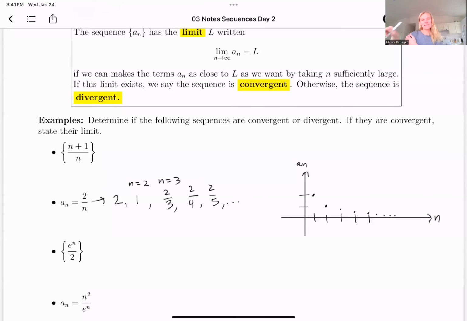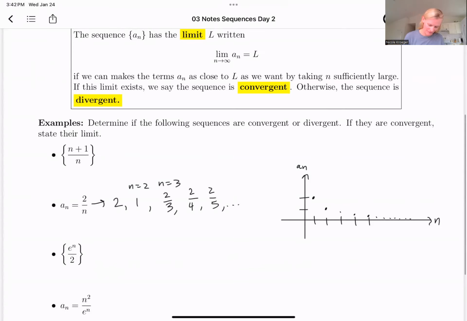We notice that this is a distinct set of points. This is not a curve. I'm not going to connect these dots because we're only plugging in natural numbers. We're not plugging in like a half into our n values. But we do notice that as n gets bigger, these values are getting closer and closer to 0. The fact that these values are getting closer and closer to 0 is going to make us say that the limit of the sequence is 0.